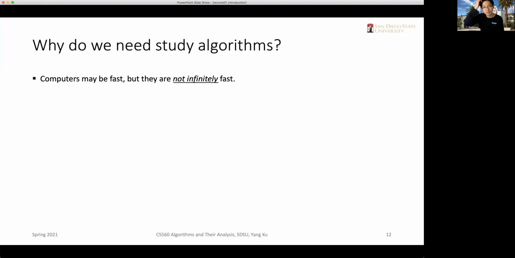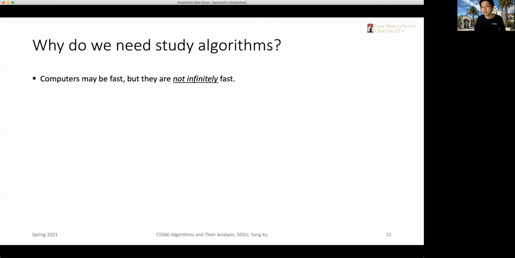To answer that simply, with a simple sentence: computers are not infinitely fast. There's always a physical limitation there, and if we do not consider algorithms at all, then it's a waste.